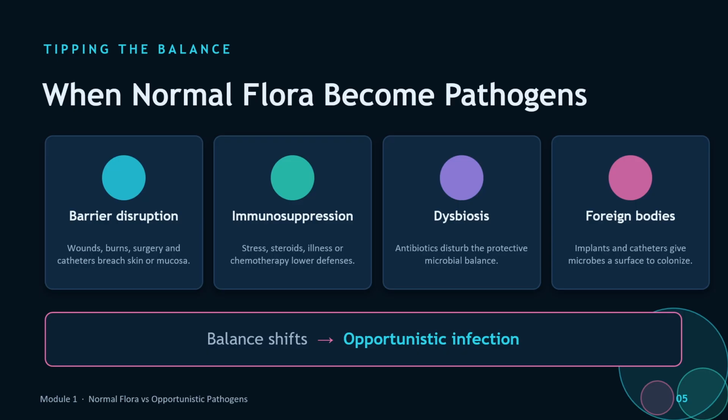Notice the clinical pattern. The sick, hospitalized, post-surgical, or recently antibiotic-treated patient is exactly the one in whom normal flora turned dangerous. Recognizing these risk factors lets you anticipate opportunistic infection before it happens.